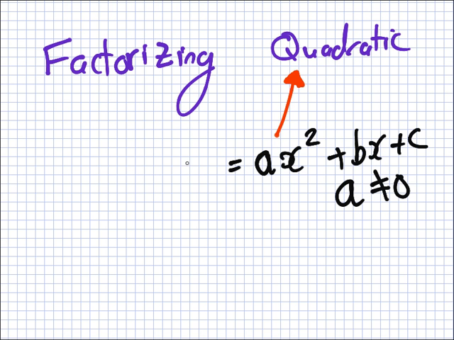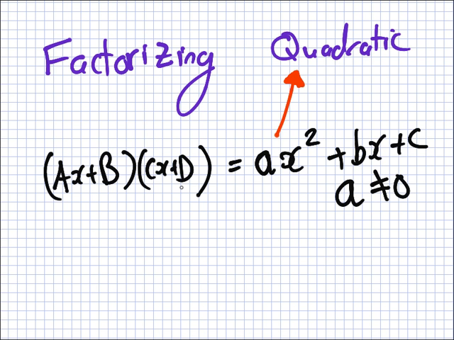How do you get the quadratic? You get the quadratic by multiplying together two linears, something like ax plus b, cx plus d. These two are called the factors.